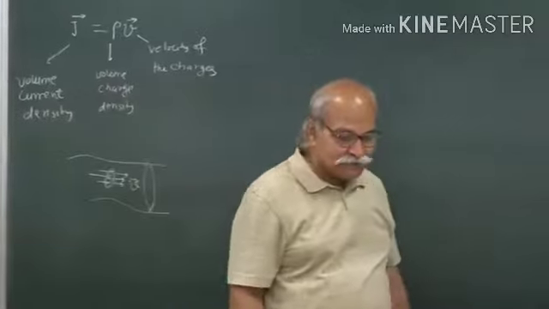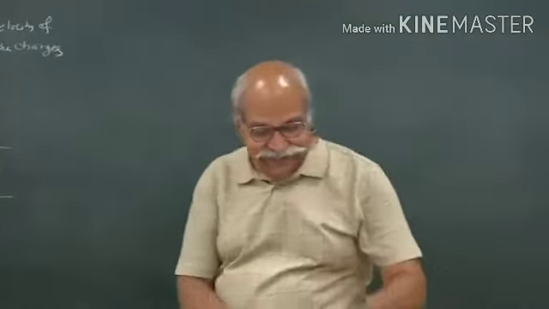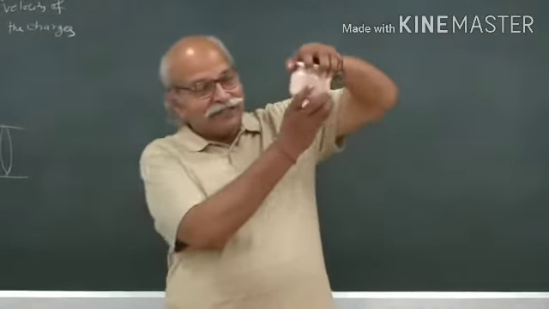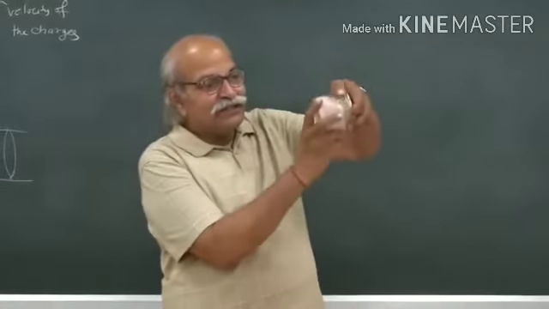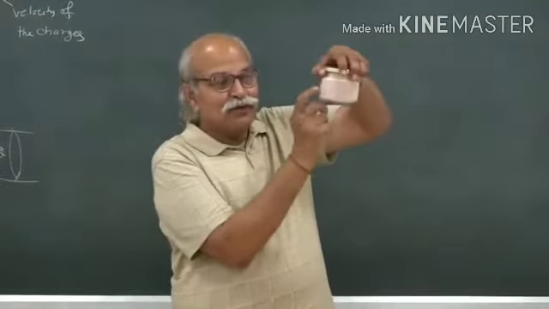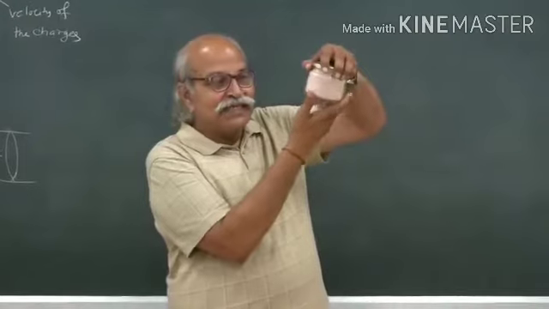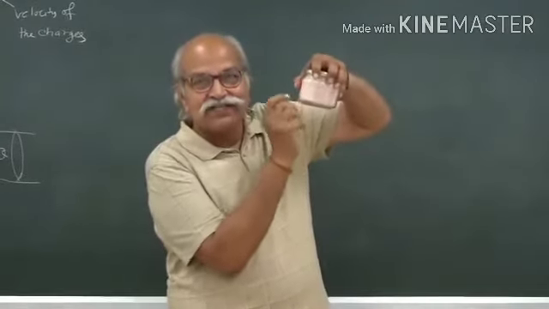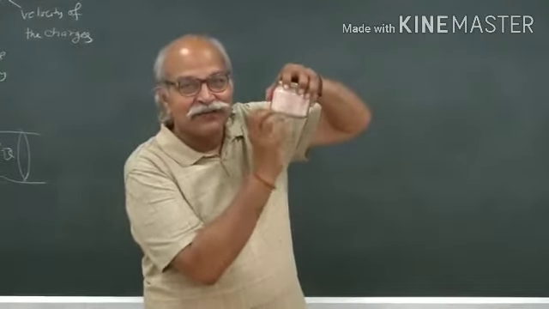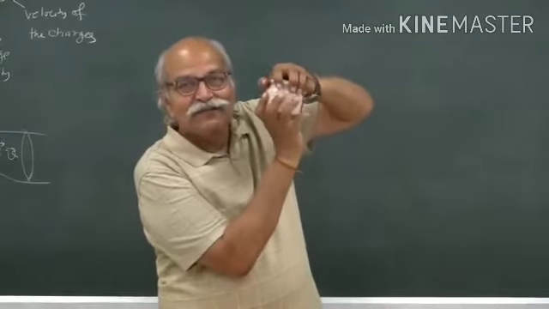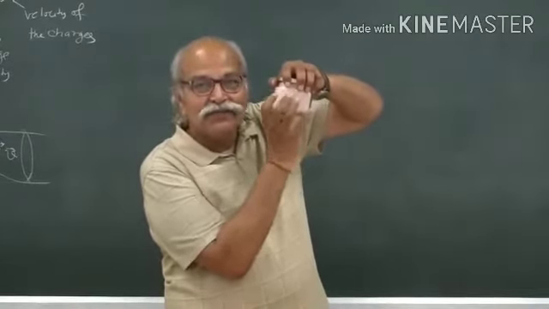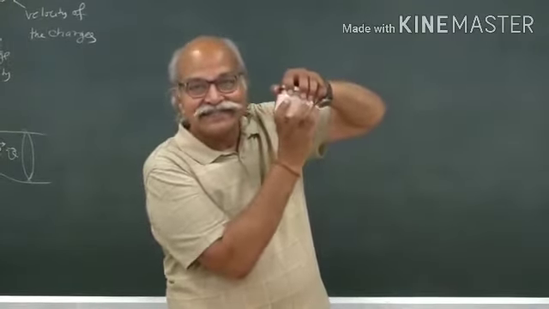Suppose we have, just consider that this is a cylinder, and in this cylinder actually we have rock salt here, and suppose each grain is charged. So that in this entire cylindrical volume you have a uniform charge density.